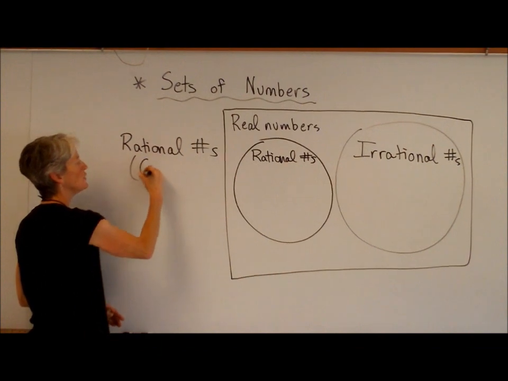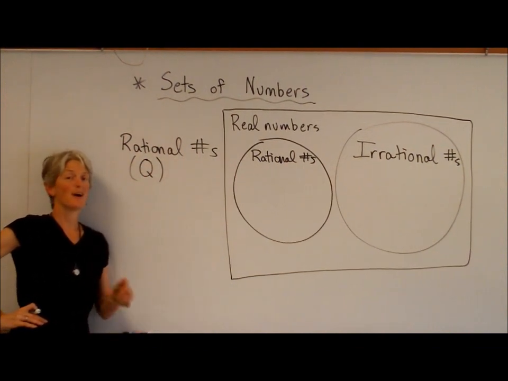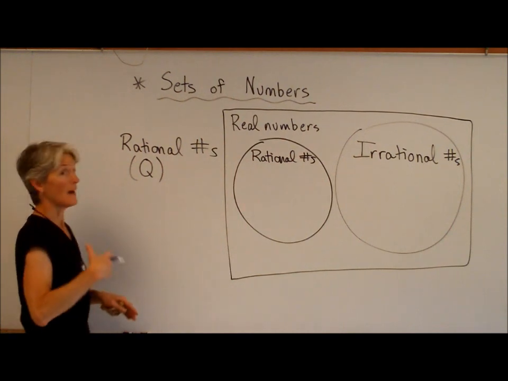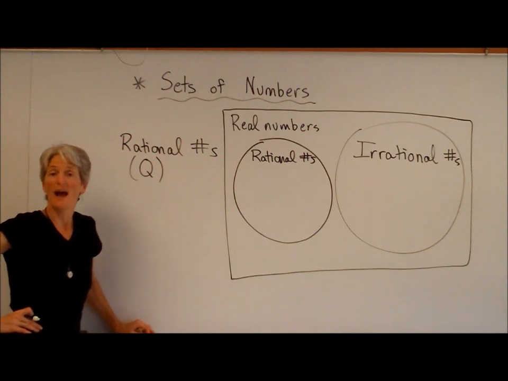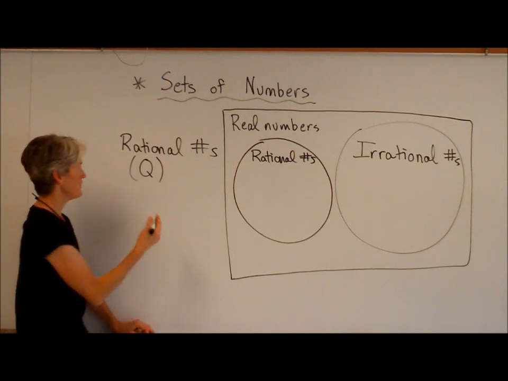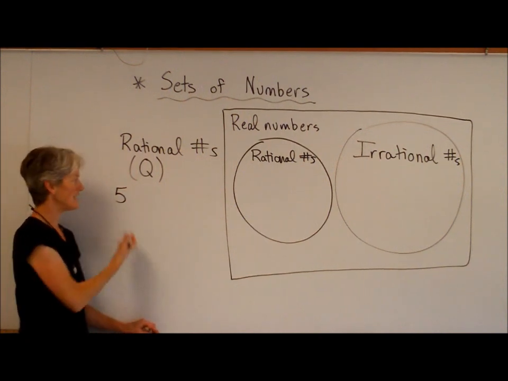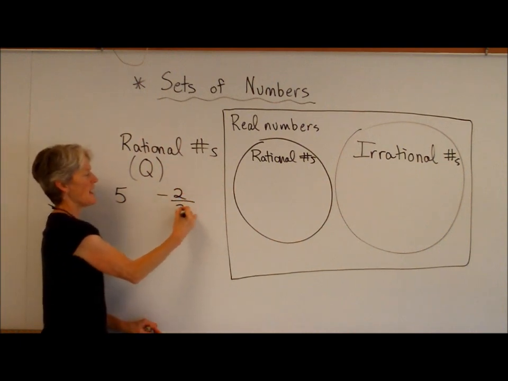It's Q, strangely enough. Q for quotient. Because rational numbers are numbers that can be written as a fraction. So, as you said before, 5 is rational, because I could, if I felt like it, write it as 5 divided by 1. Negative 2/3 is rational.